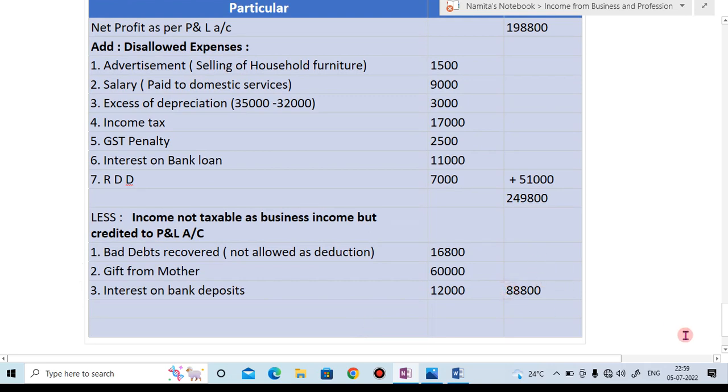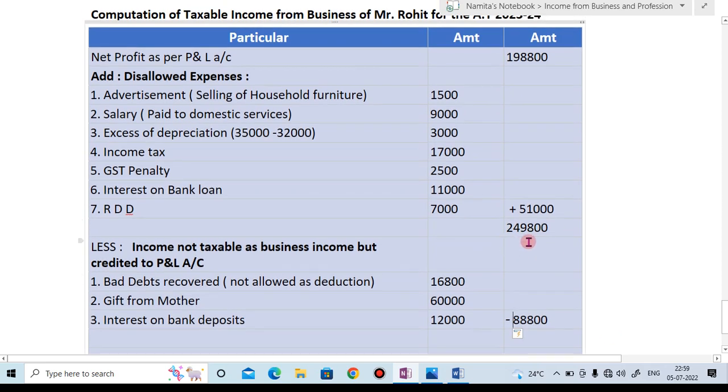Now how to compute the taxable income from business. Less these two amounts. 2,49,800, from where did we get this? By adding 51,000 with 1,98,800, the total of these two comes to 2,49,800.